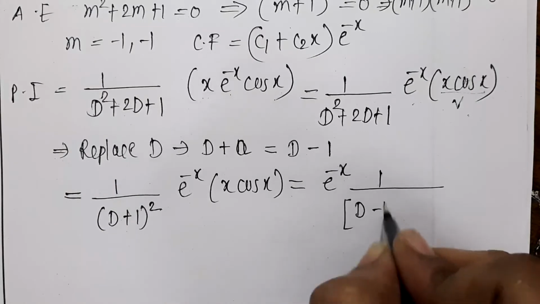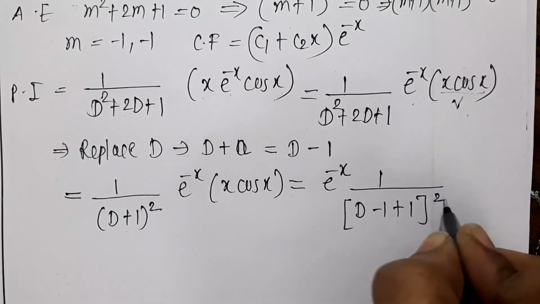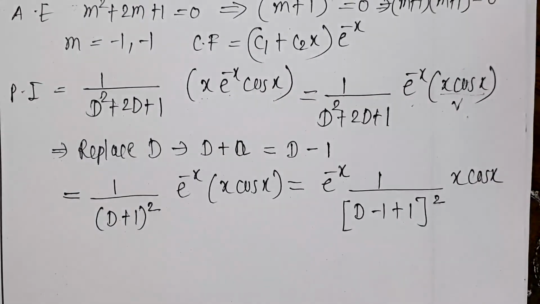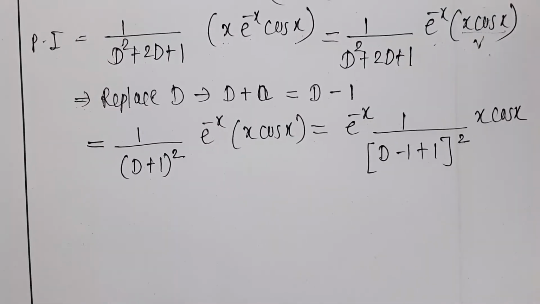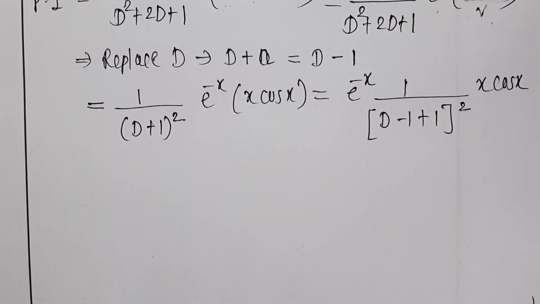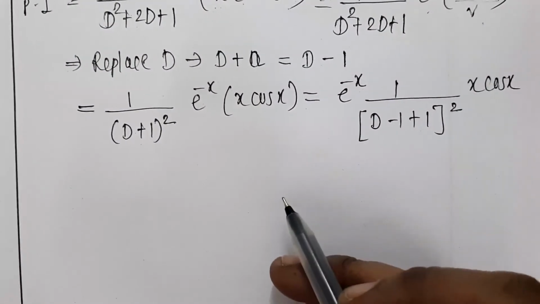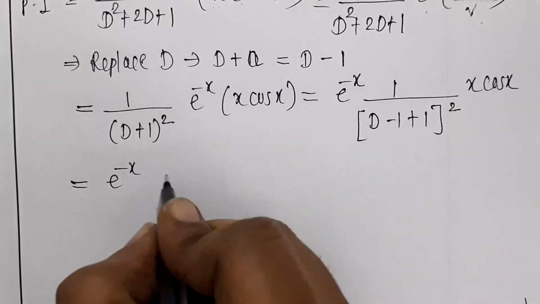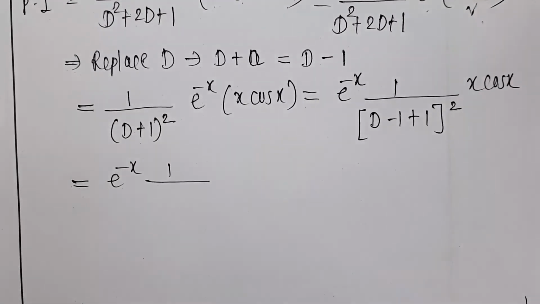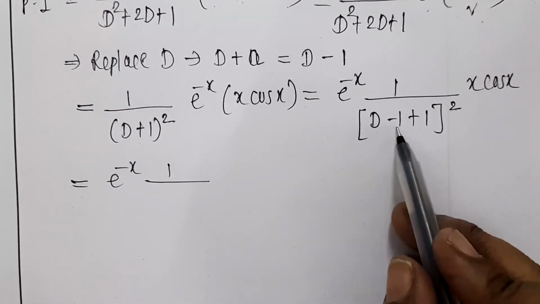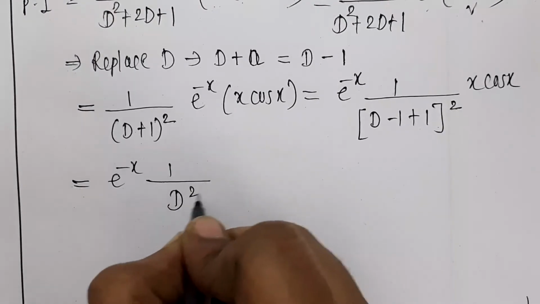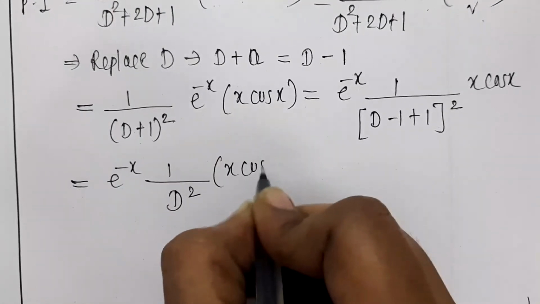So (D minus 1 plus 1) whole square multiplied by x into cos x. This is our case number 5. Now e to the power minus x as it is, 1 upon D as it is, minus 1 plus 1 gets cancelled, but it is a square, so 1 upon D square multiplied by x cos x.